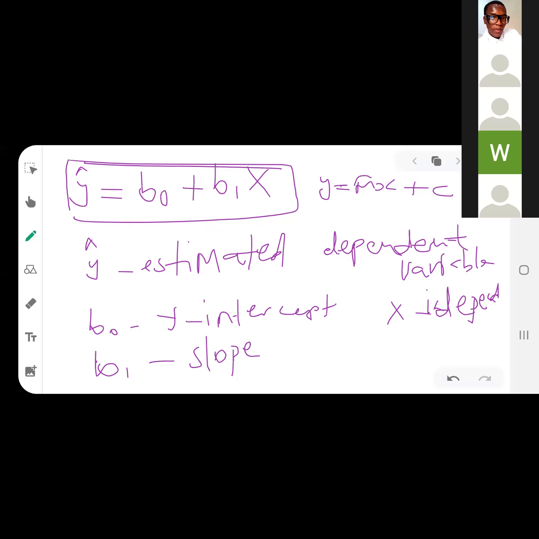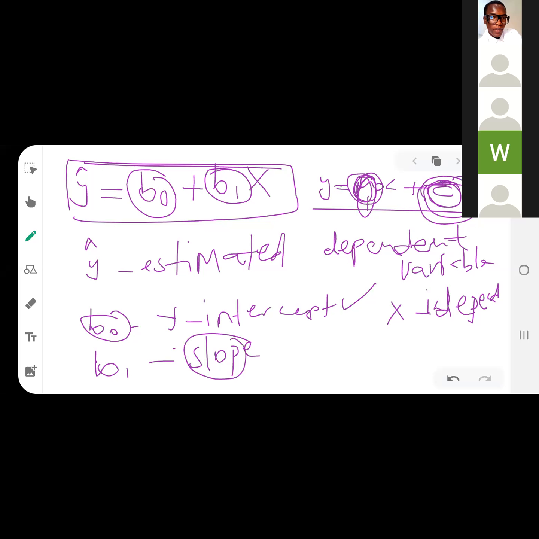Your M was denoting the slope of your line, and your C was the y-intercept. So your M is the same as the B1 here, and your C is the same as your B naught. That's why we say B naught denotes the y-intercept, because C in this equation denotes the y-intercept, and M is the gradient or the slope of that line.